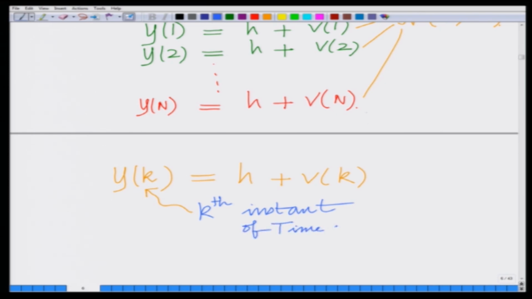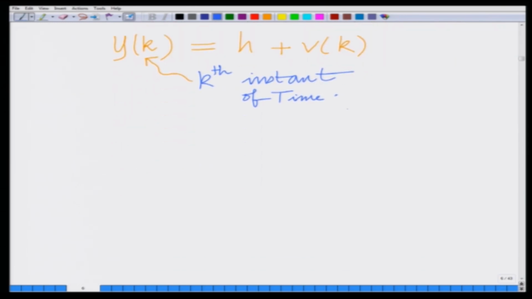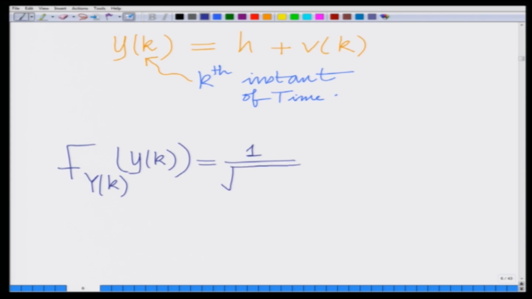And naturally, the probability density function corresponding to Yk is again the same. It is a Gaussian with mean given by the parameter h and variance sigma square. So, this PDF is 1 over square root of 2 pi sigma square, e raised to minus 1 over 2 sigma square, yk minus h whole square.